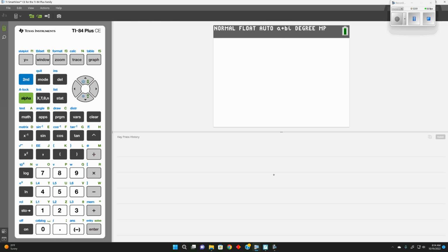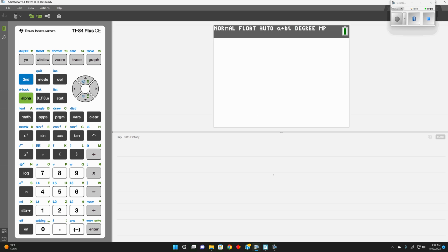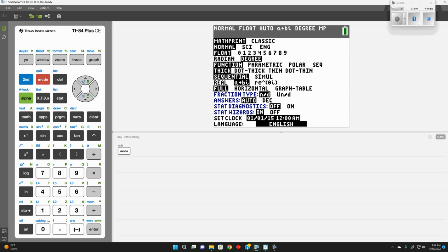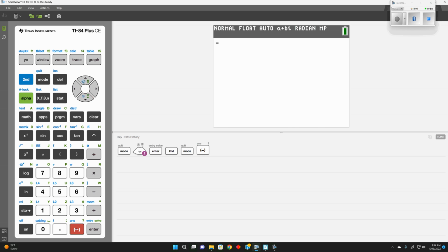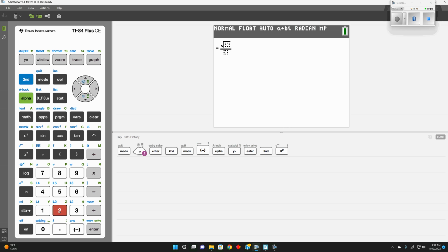Because our starting equation is saying that sine of x is negative square root 2 over 2. So I'm making sure that it is, well, I have to change it to radians. And our answer we're looking at is negative square root 2 over 2.